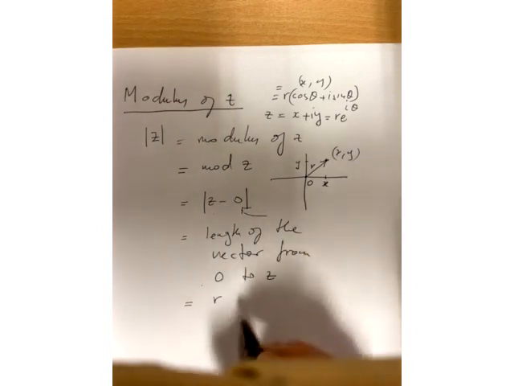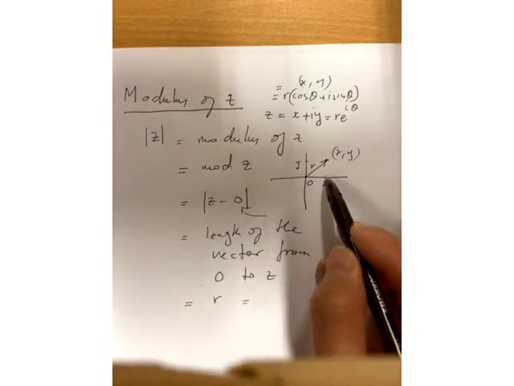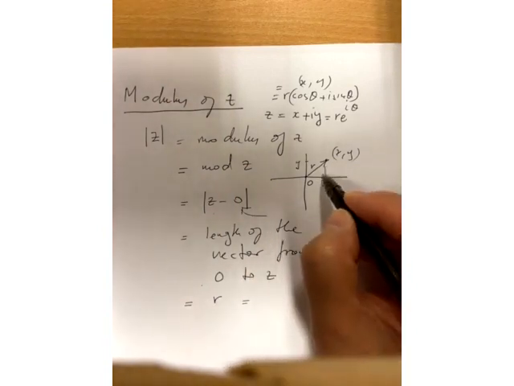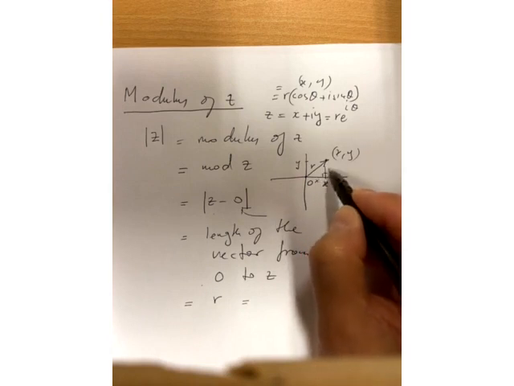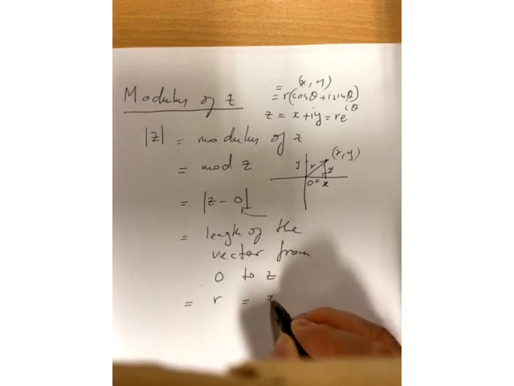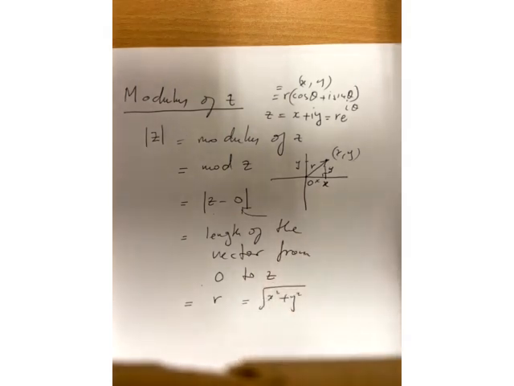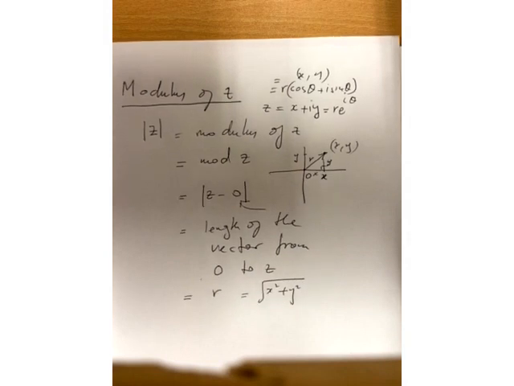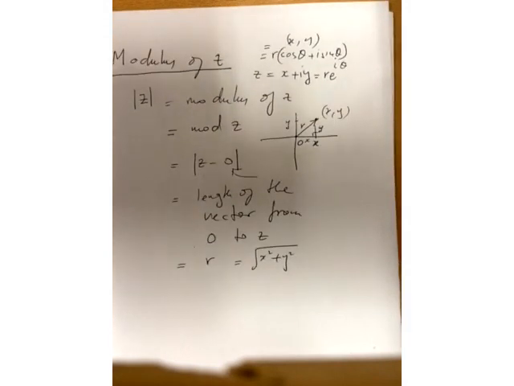And by definition, in terms of the algebra, if you look at this here and use Pythagoras, that's x, that's y. That length there is simply the square root of x squared plus y squared. And that is the length of the vector. It's as simple as that.